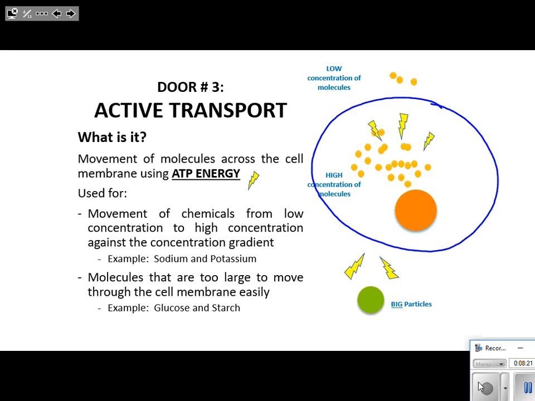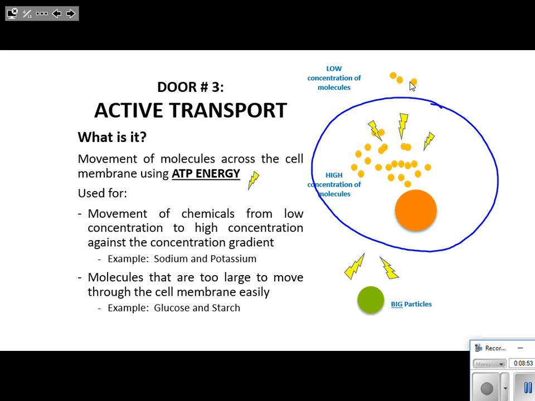Obviously, right here in this area, I have a high concentration of the little yellow dots, don't I? Up here, I have low concentration. Well, what active transport does is, using energy that we obtain from ATP, these three dots here can cross into the higher concentration.